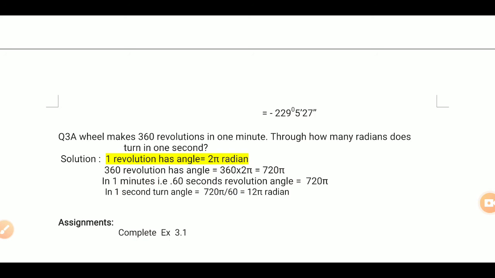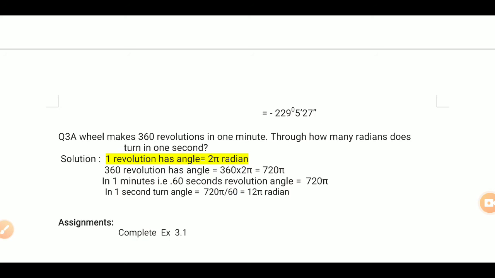There is a question: a wheel makes 360 revolutions in 1 minute. Through how many radians does it turn in 1 second? We know that in 1 revolution angle measure is 2 pi radian. It is complete angle. So we have 360 revolutions.